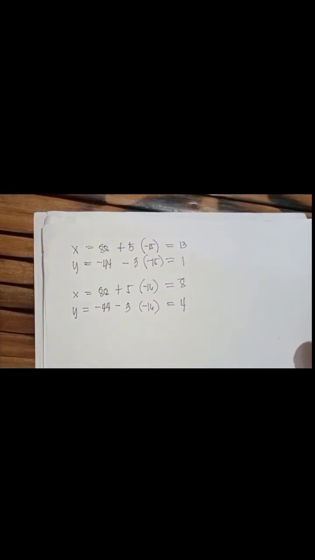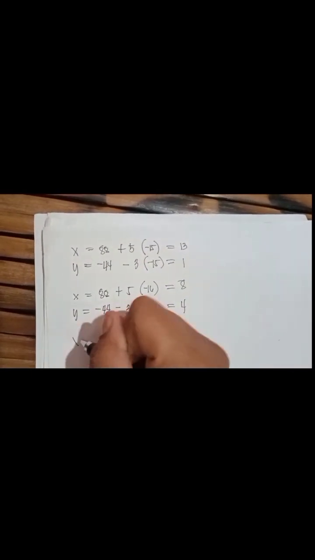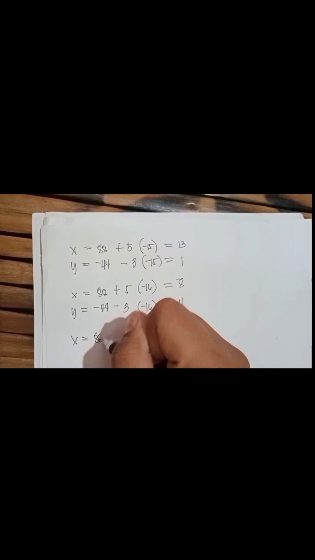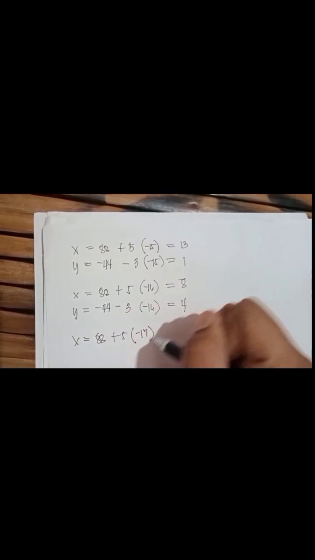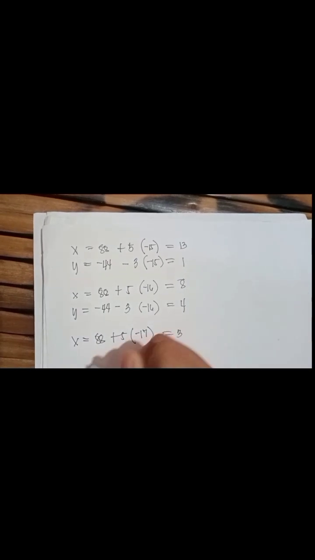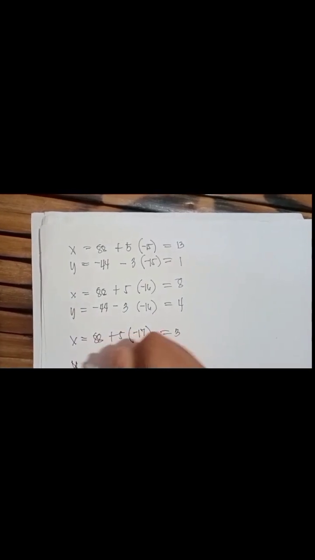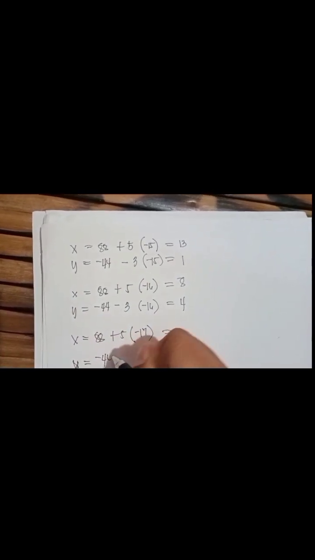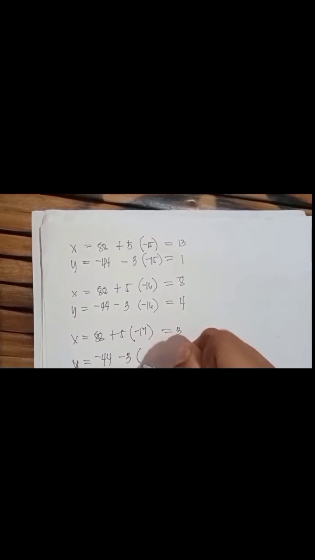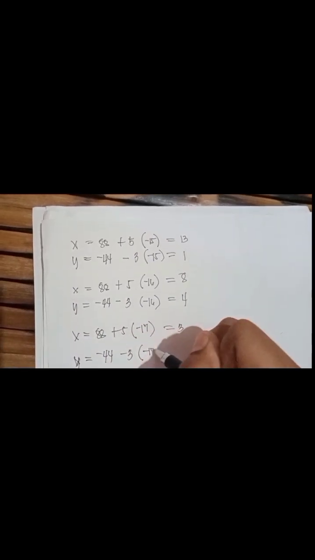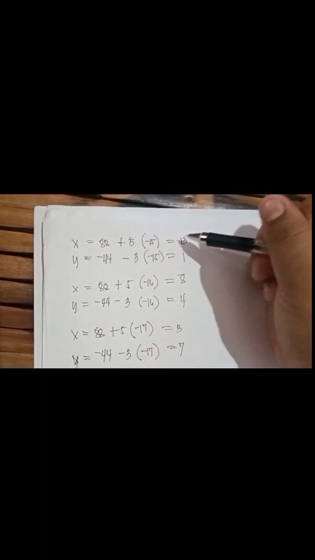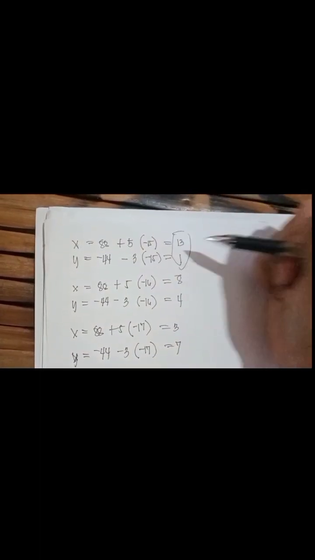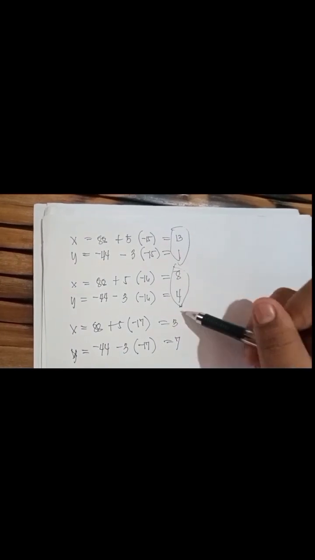Next, we solve for negative 17. x is equal to 88 plus 5 times negative 17, which is equal to 3. y is equal to negative 44 minus 3 times negative 17, which is equal to 7. And these are the numbers of seedlings.